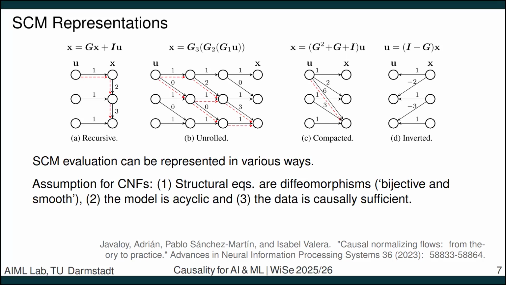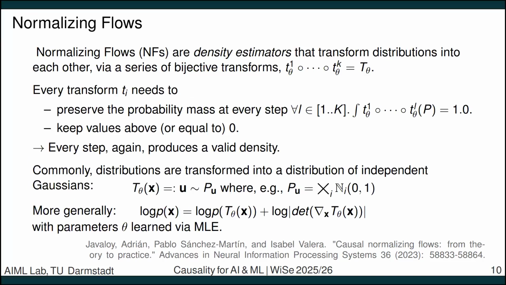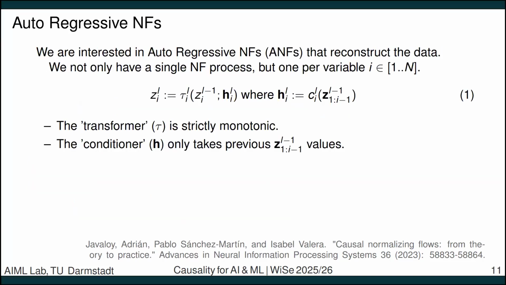So we have a particular structure where we have a causal ordering, or assume a causal ordering, and this needs to be given to us for our causal normalizing flows. If we have that, we construct a series of transforms where every transform for the first, second, and third variables only takes the value of its own u and the variables that came before it. This is basically what autoregressive normalizing flows do.